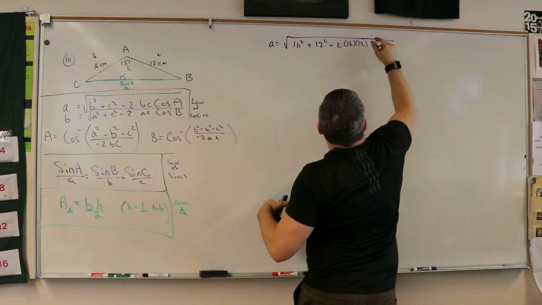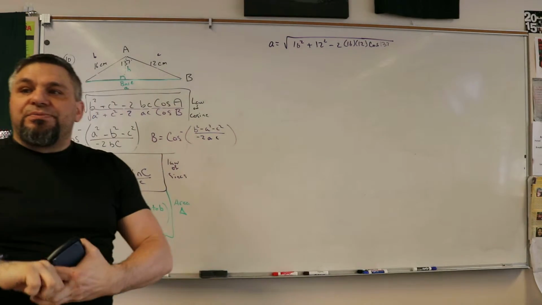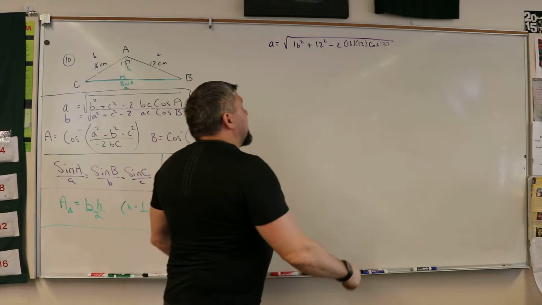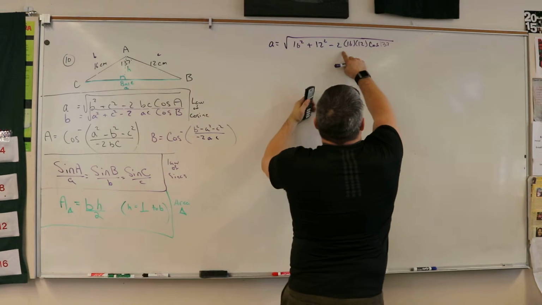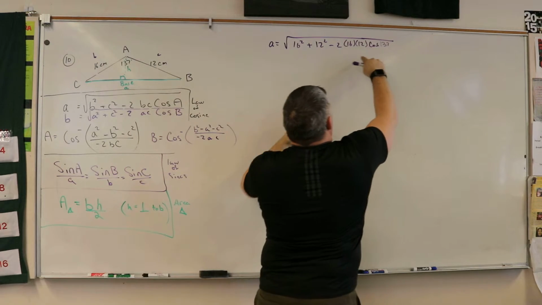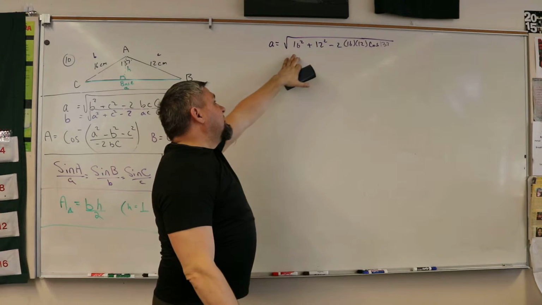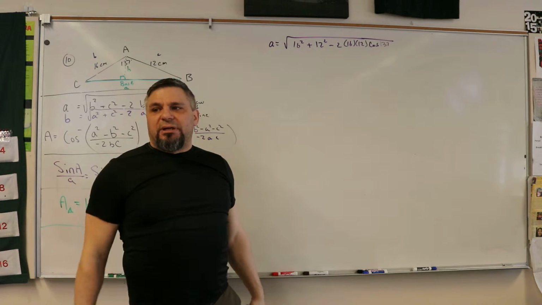All right. Okay? So the way I want to do this, if I'm doing it on this, is do all of this first, and then make it negative and add it to these two. Just easier that way. Then I'll square root it.